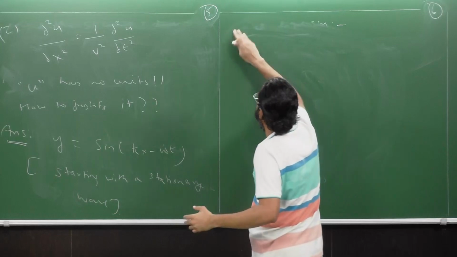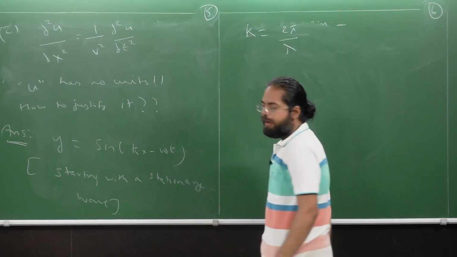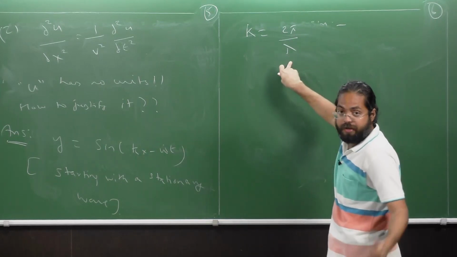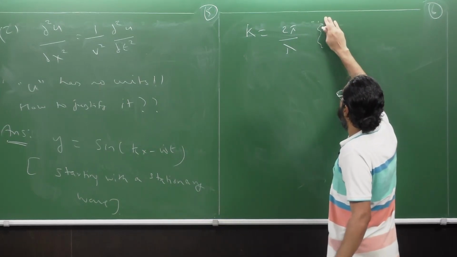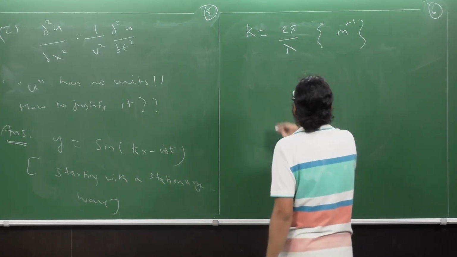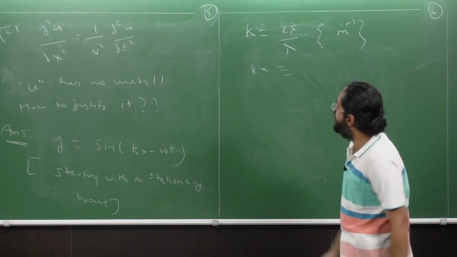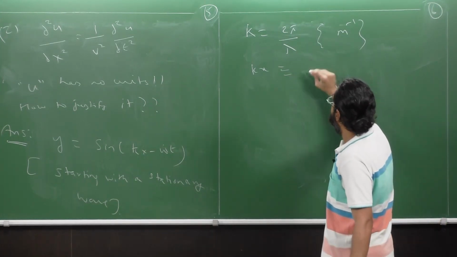If you recall from your school level physics, k is 2 pi by lambda, where 2 pi is a number and lambda is wavelength. So this is going to be per meter, right? So kx effectively is going to be having no units.